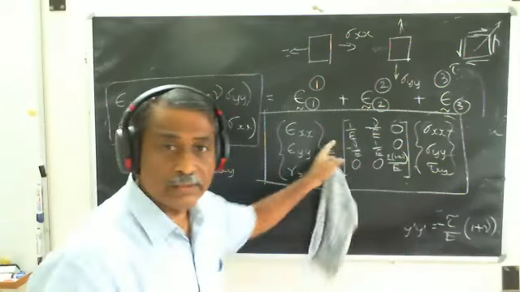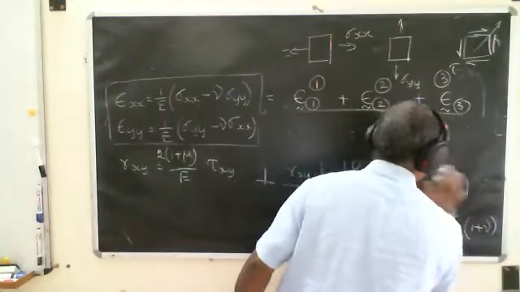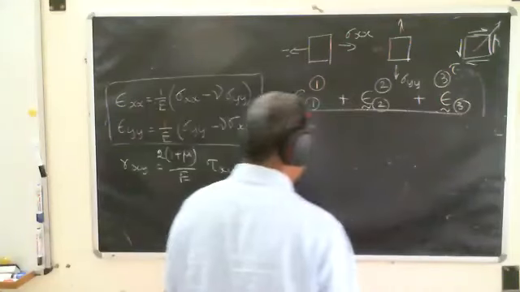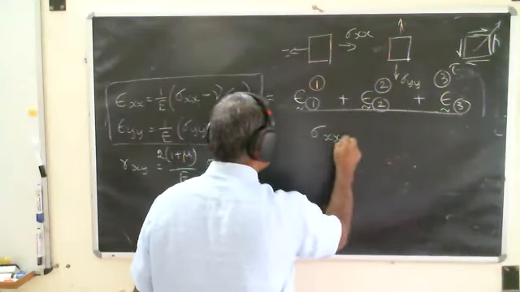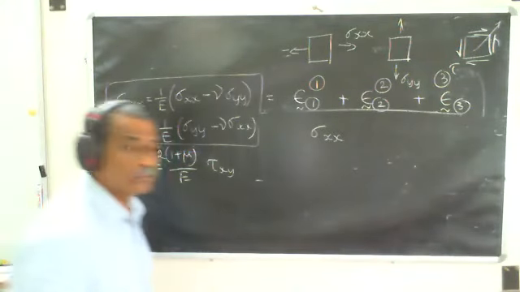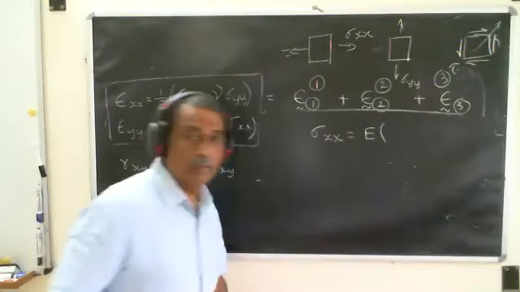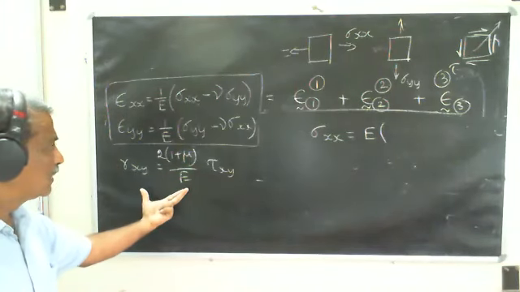Now, given these two, I'm going to erase this, okay? I want to have the inverse relationship. Can you quickly tell me what would be sigma xx in terms of epsilon xx and epsilon yy? You can use these two equations because this equation is very simple.